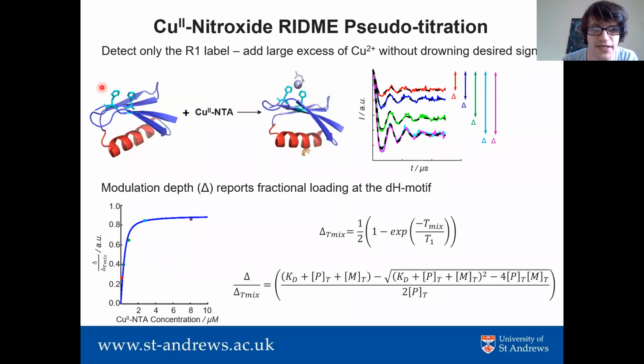I've shown that schematically at the top, but also at the bottom left I show an exemplary isotherm. We see that it has the hyperbolic shape that I mentioned previously with increasing copper chelate concentration.